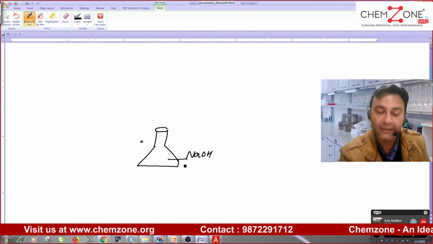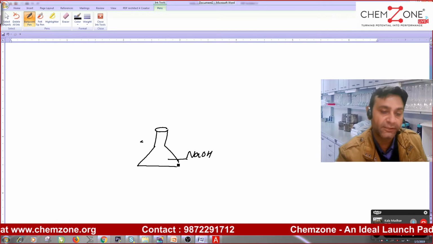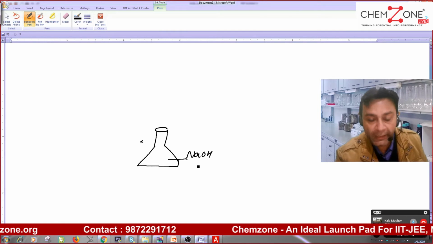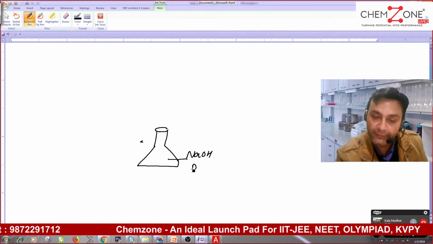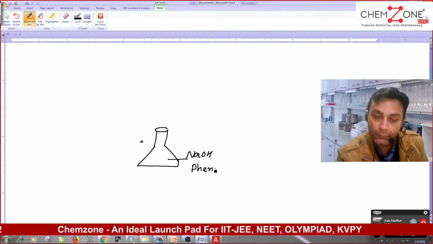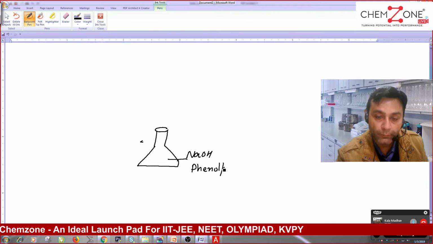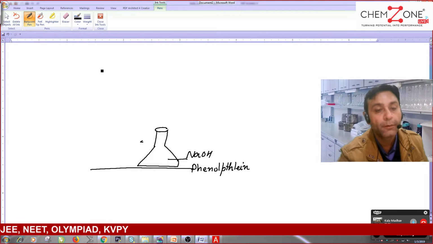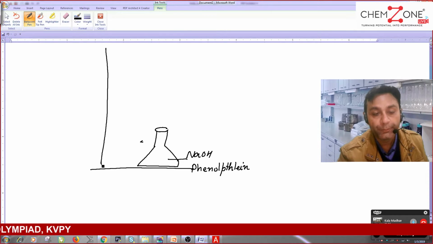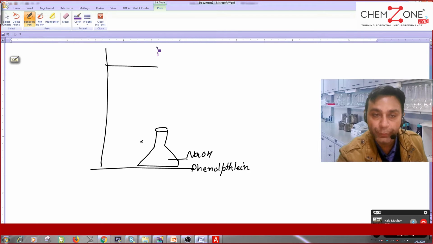You know, it's colorless, right? And I add a very small drop of phenolphthalein. And then I take a stand and put up a burette.